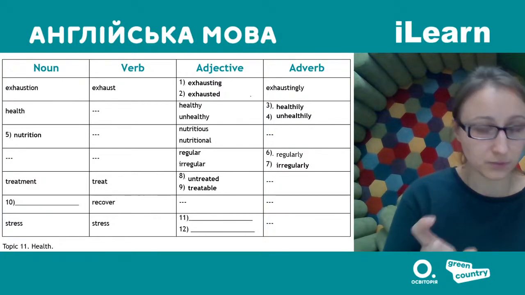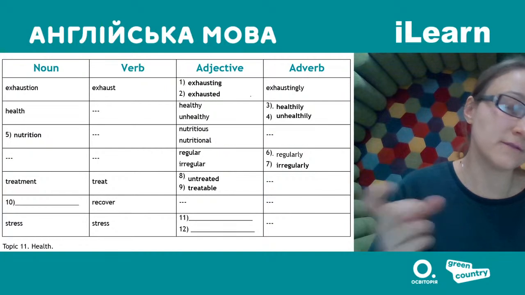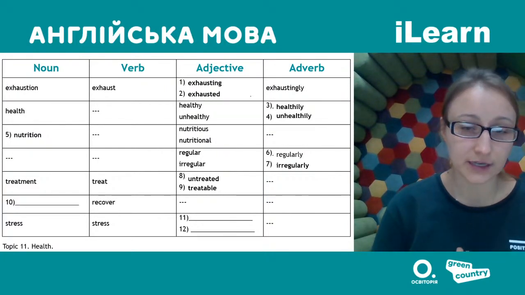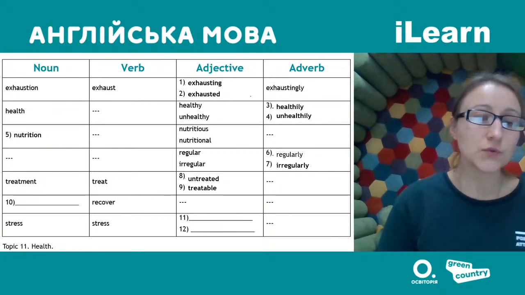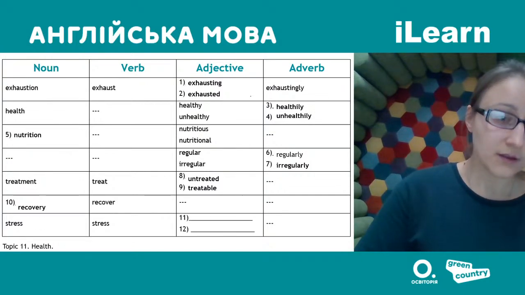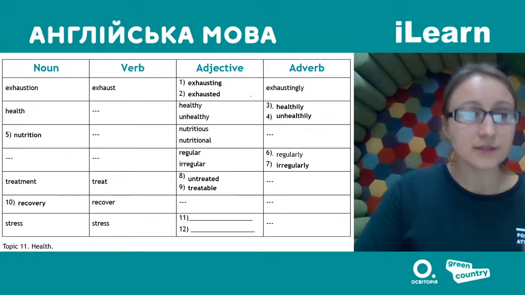У нас от є able. От якщо в нас є able, тобто воно спроможне для того, щоб бути вилікувана. So, treatable. Try to recollect that. Number 10. That's very easy. To recover, це виліковуватись, and recovery. Great job. And the last one, stress.